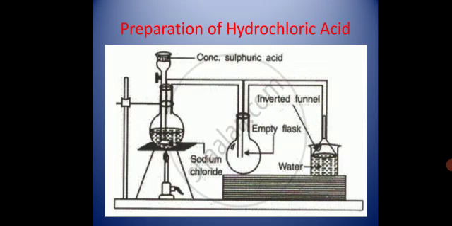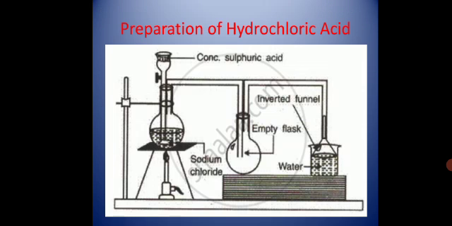Then HCl gas is being produced. HCl gas, we are passing through concentrated sulfuric acid. You can see an empty flask is being taken here. Got it? An inverted funnel is being taken here, and through the inverted funnel we are passing the HCl gas.